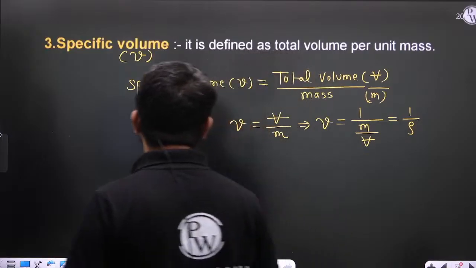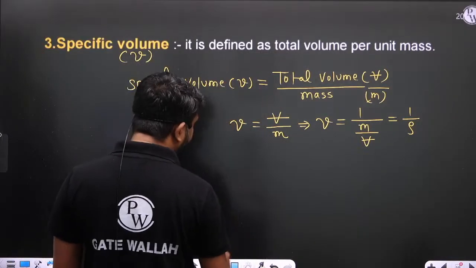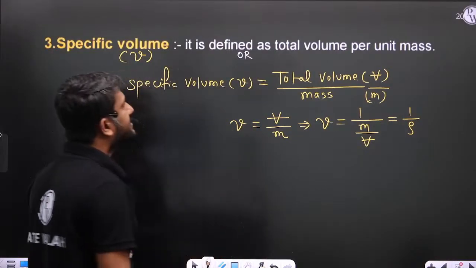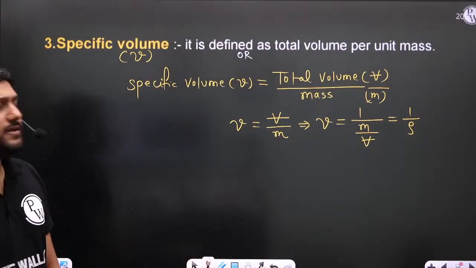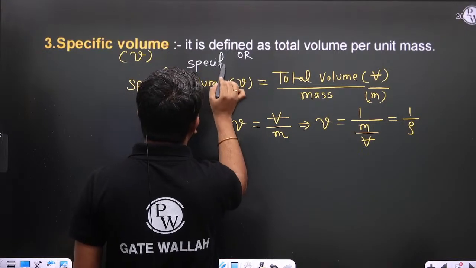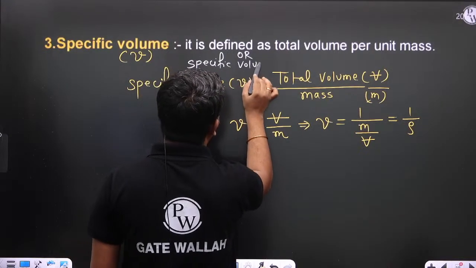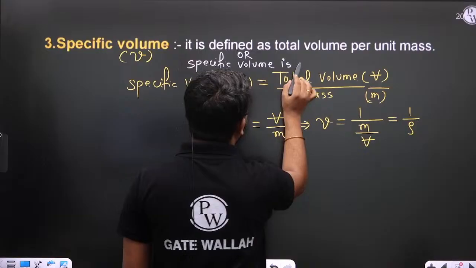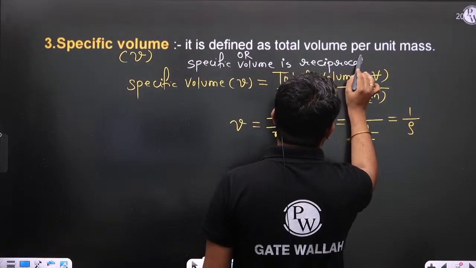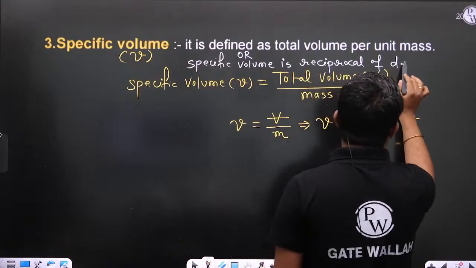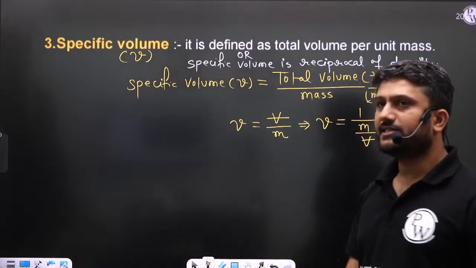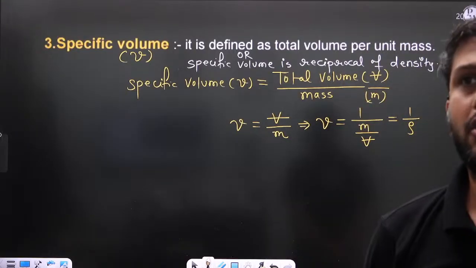Now it is defined as the total volume per unit mass, or specific volume is reciprocal of density or mass density.